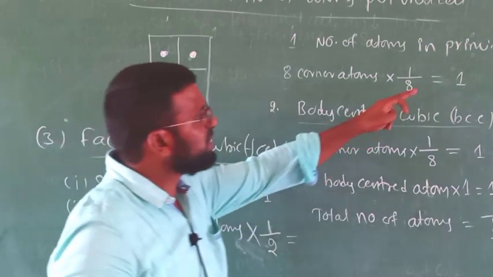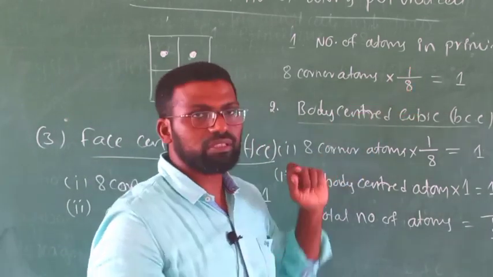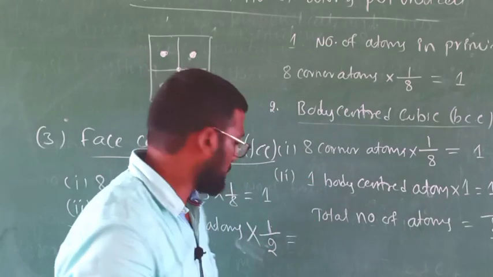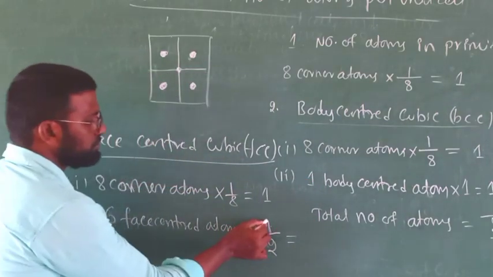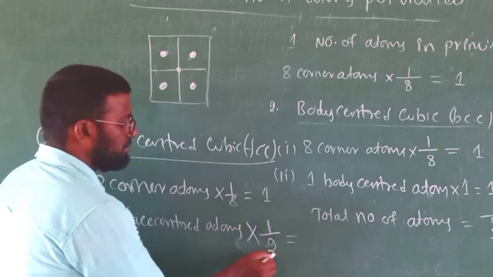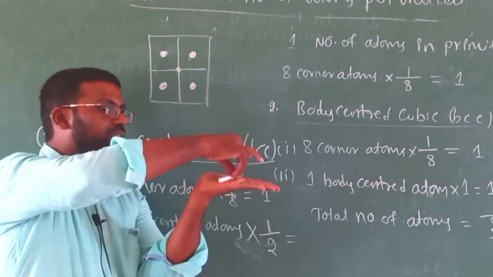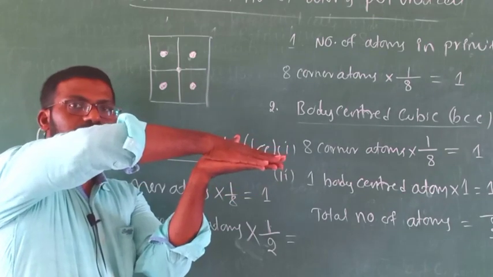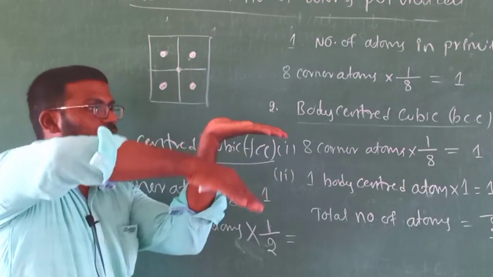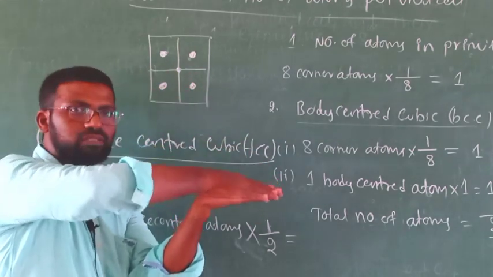Just like here, each particle at the corner will be in contact with 8 other unit cells. Right. Here, each particle on the face will be in contact with 2 other. See, one atom is in between 2 faces. This is the face of one unit cell. Let it be, this is the face of another unit cell, right?